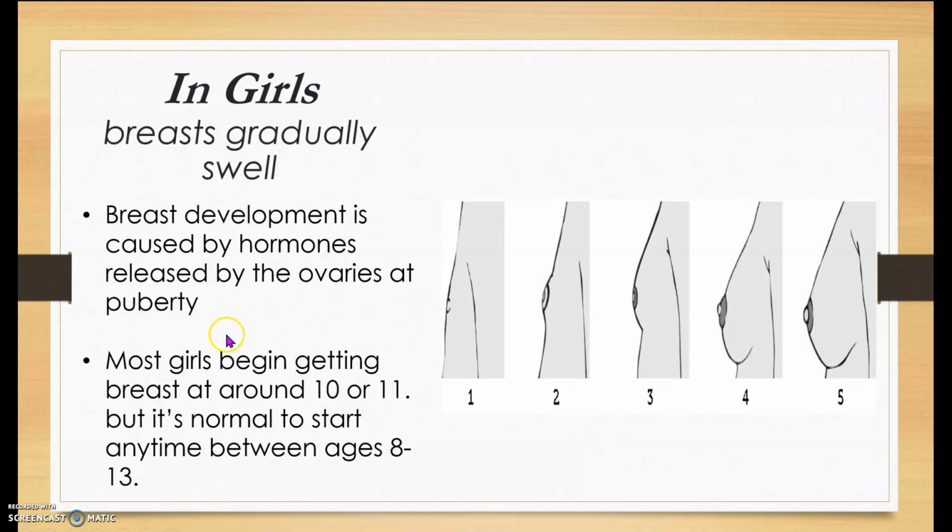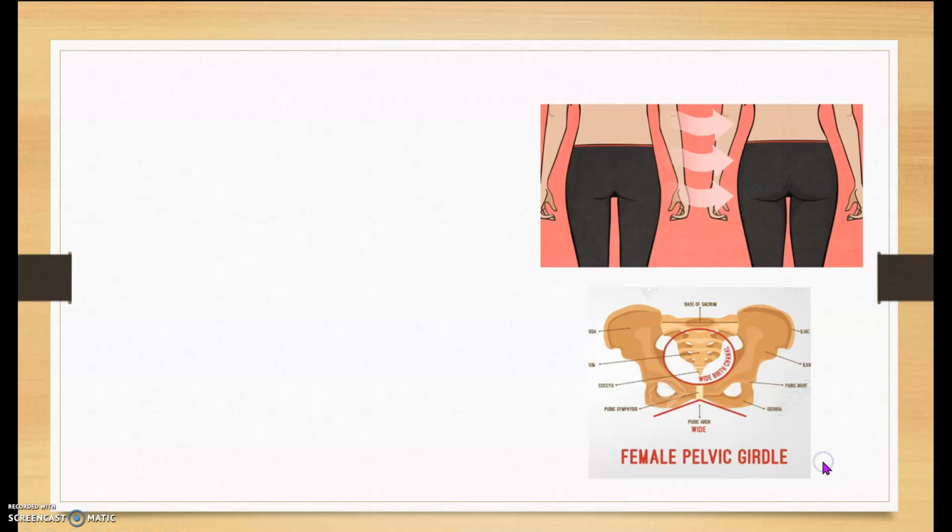Of course, the hormones cause the fats to accumulate, causing our breasts to swell. That's why you can notice, ladies, that your breast is starting to grow. Okay, let's move on.